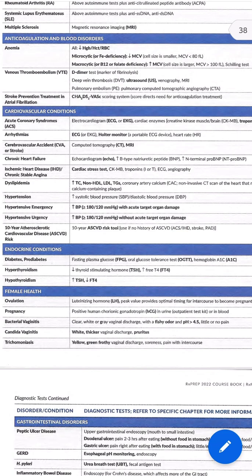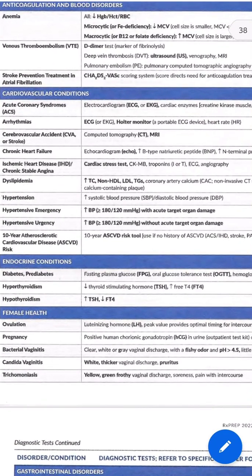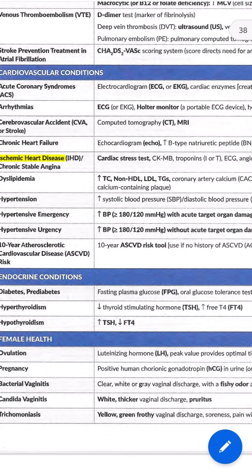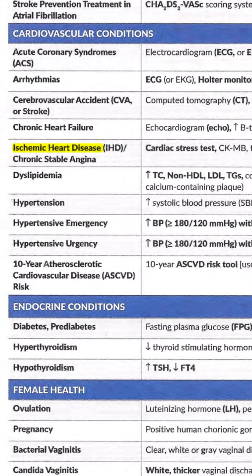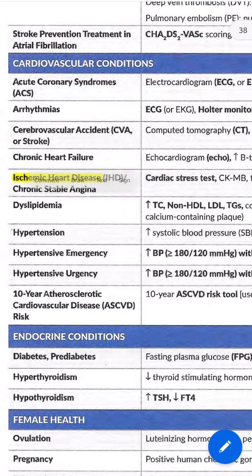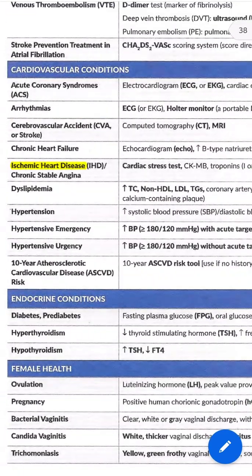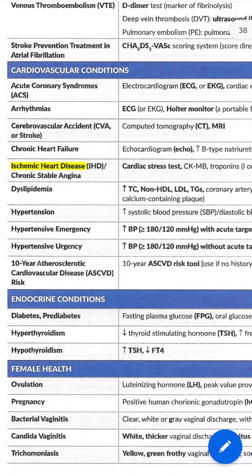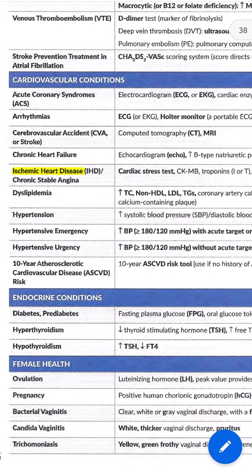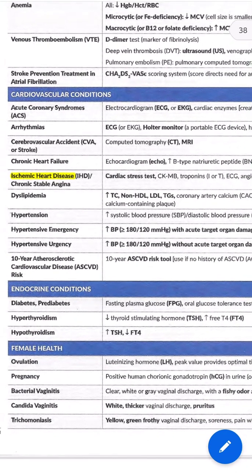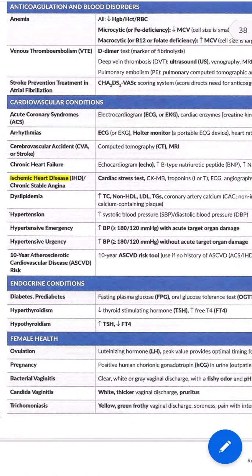For CHF, you can use echocardiogram, or echo.